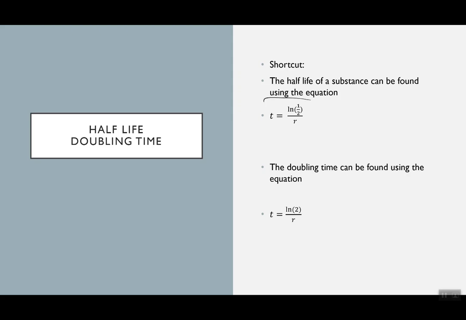So I have this little equation that I think is really worth writing down. The other equation that I put with it, just so I could put it all on the same screen, is how long it takes something to double. So the half-life is when things are decaying, and doubling time is when things are growing.